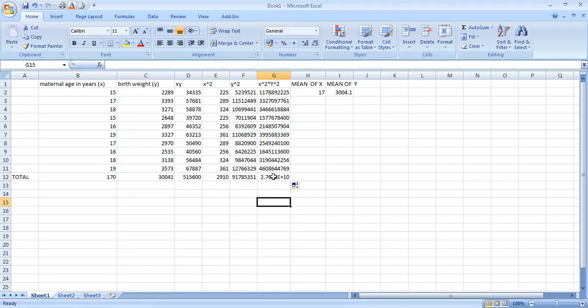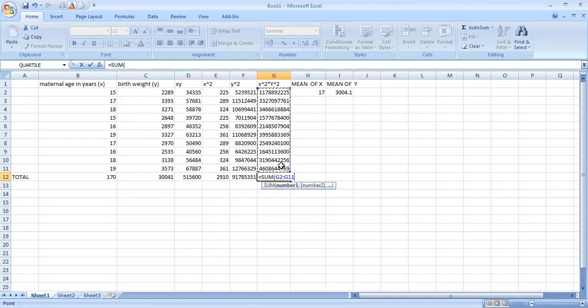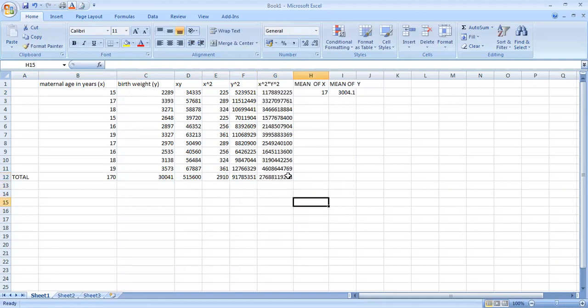There's some problem here. It's just showing that the number is too big, so just leave it. Or we can do it manually and just sum these numbers. All right, cool.